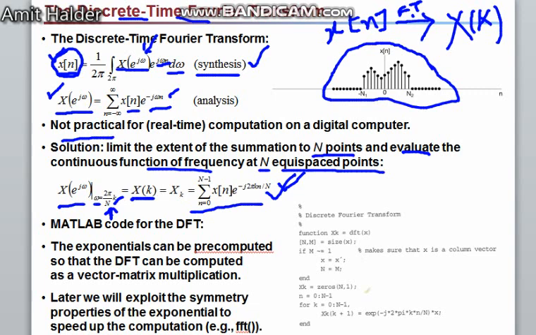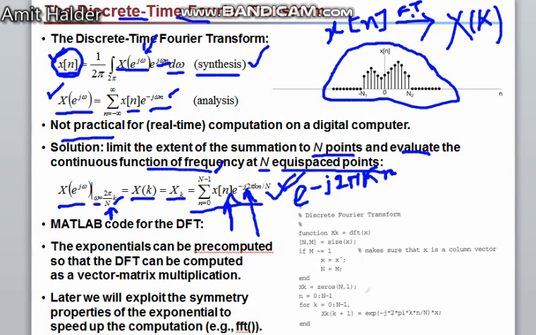So what is the capital X of k? That is the sum from n equal to 0 to N minus 1 of x of n, where x of n is the number of sample values, and that is the main equation, e to the power minus j 2 pi k n divided by capital N. You have to remember the total equation to find the DFT of any kind of sequence.